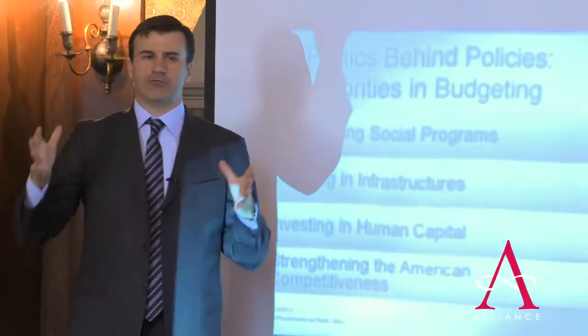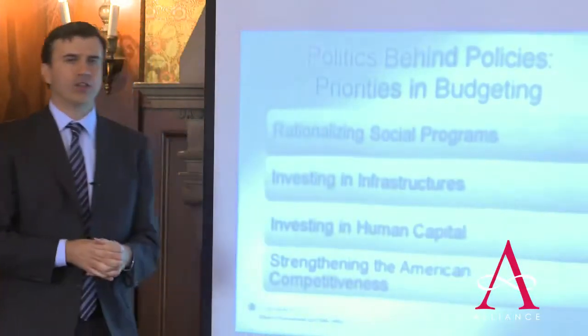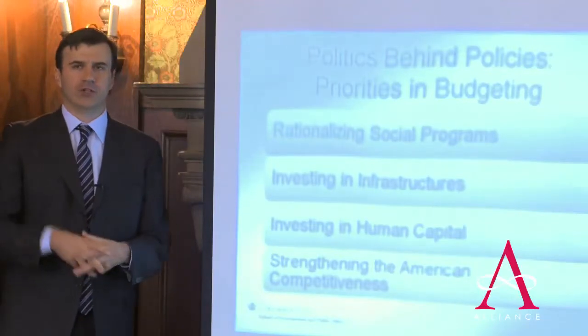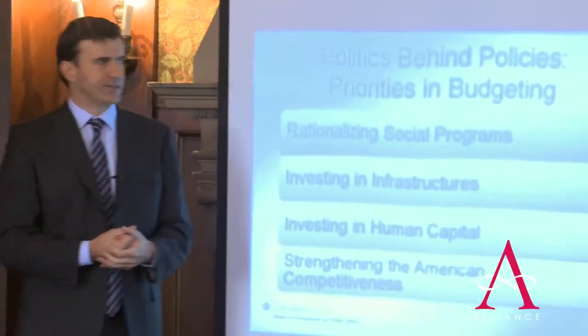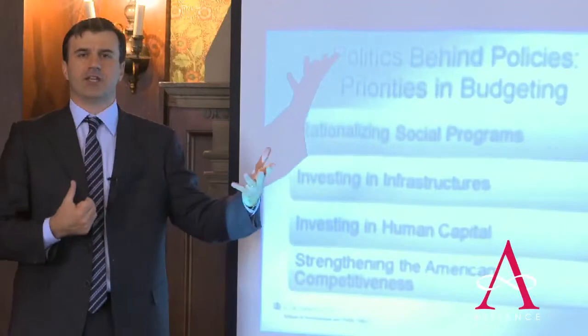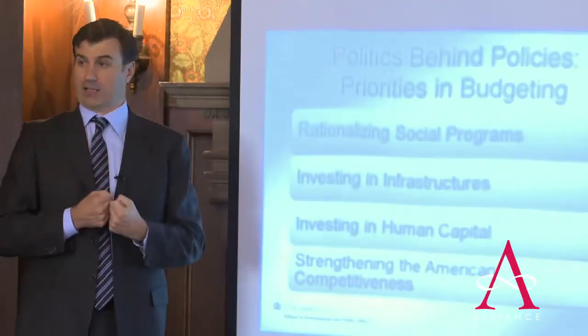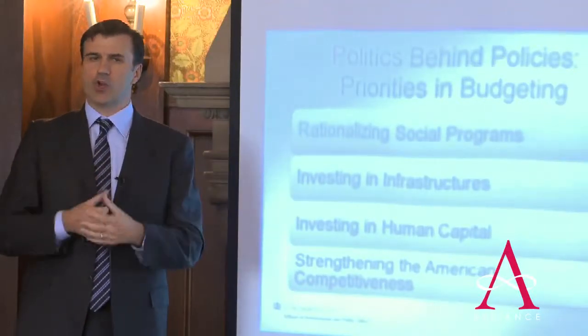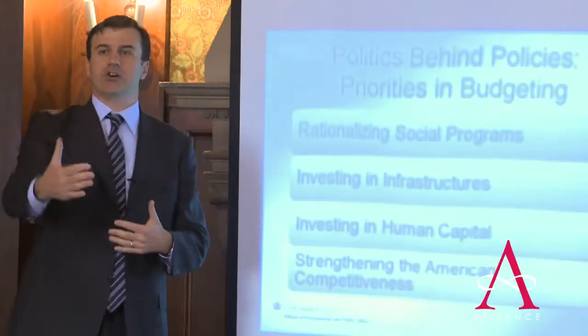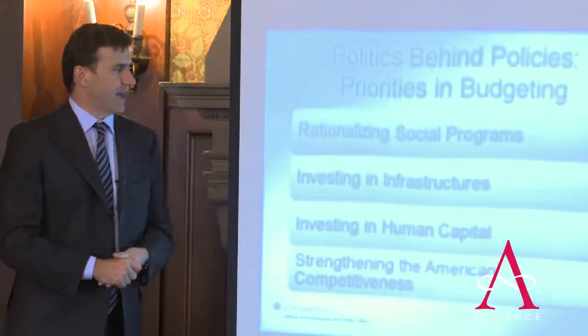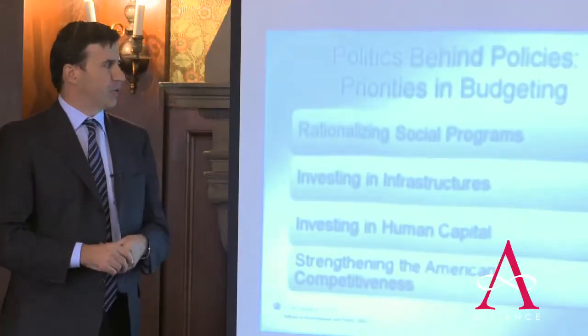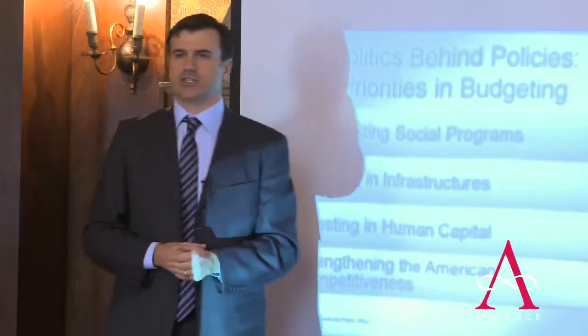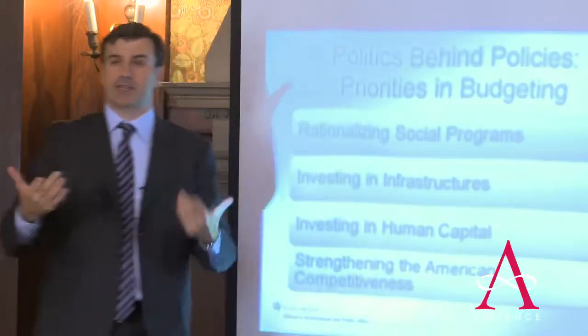So if we cut our spending, what do we focus on? If you notice, when Obama discusses cutting government spending, he never mentions what he's going to cut, but he always talks about what he wants to spend money on, because he wants to clarify what the priorities for his budgeting are going to be. Which makes a lot of sense.